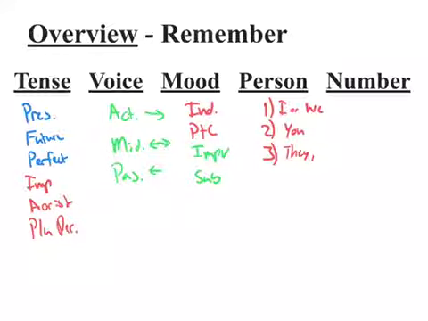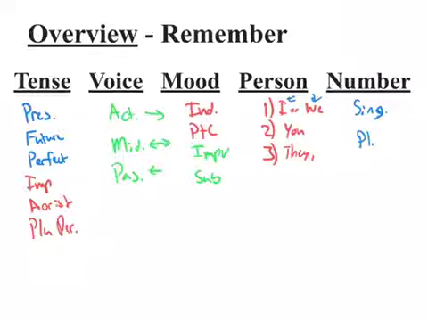And then we have number. If you have a first, second, or third, what distinguishes the I or we? One person versus a group of persons.